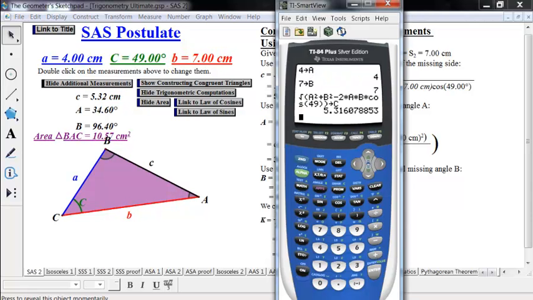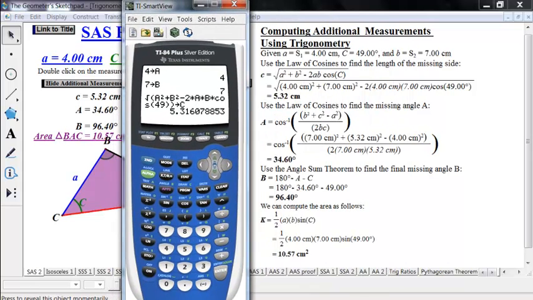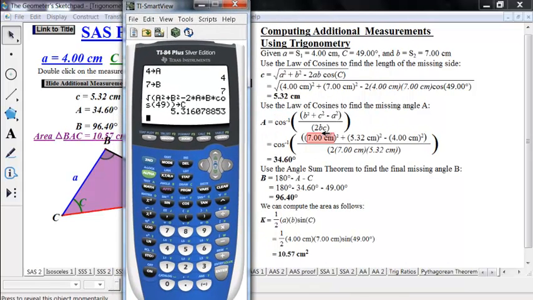Okay, so here we go. I've stored the A, B, and C. And that's all we use here is the little a, b, and c, or the capital A, B, and C over here in the calculator. But this is what we're going to do here. They're the side lengths.